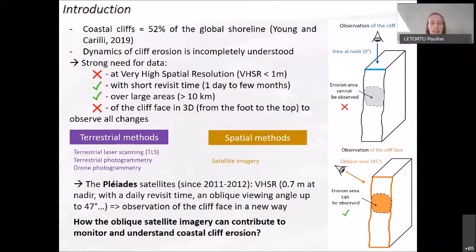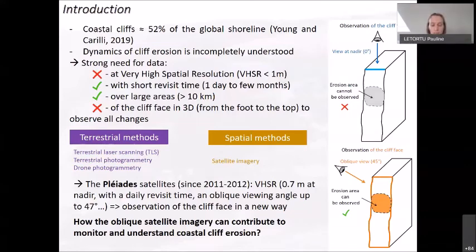But since the launch of the Pleiades satellites in 2011 and 2012, it has been possible to access spatial imagery with a resolution of 0.7 meter at nadir, with a daily revisit time, with a swath of 20 kilometers, and an oblique viewing angle up to 47 degrees that make it possible to observe the cliff face in a new way and at preferential price for research.